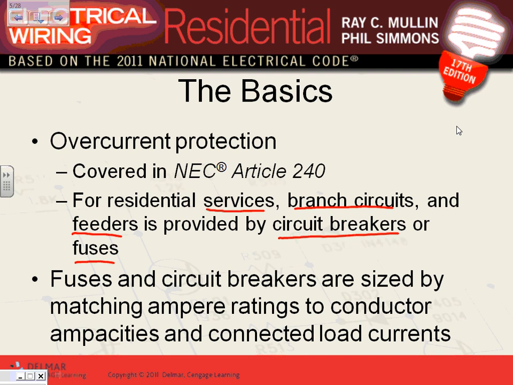Number 1, limit the amount of current that the conductor can carry to its capability under normal condition. Number 2, limit the amount of short circuit energy that the conductor can handle to its capability before it starts smoking. So these are what we're going to be talking about: protecting branch circuits, feeders, and services using circuit breakers and fuses.